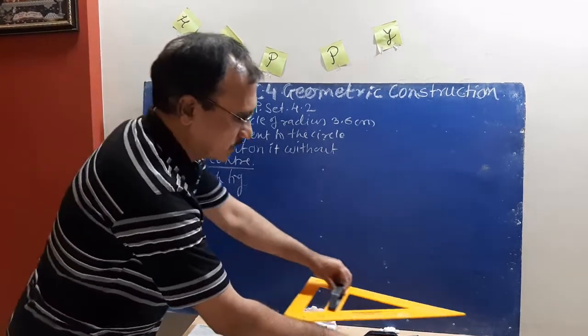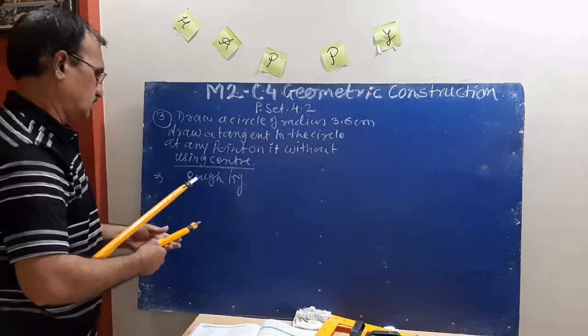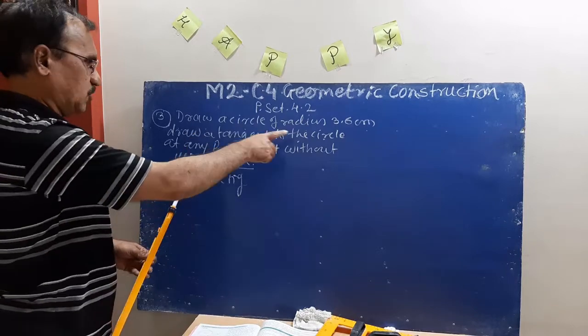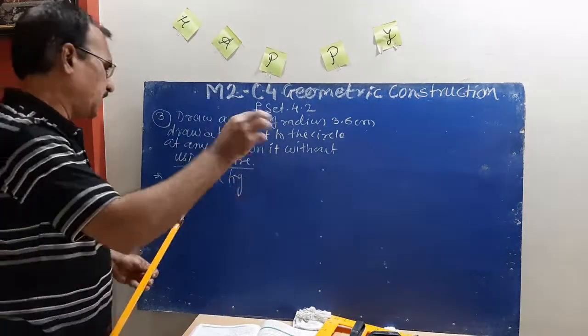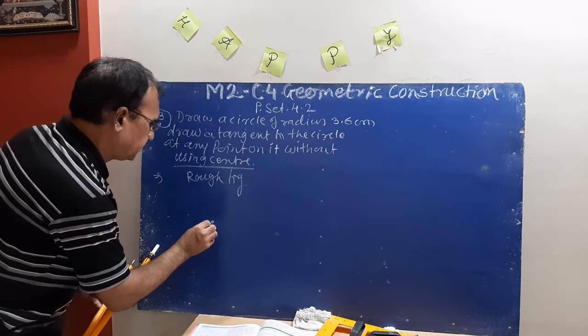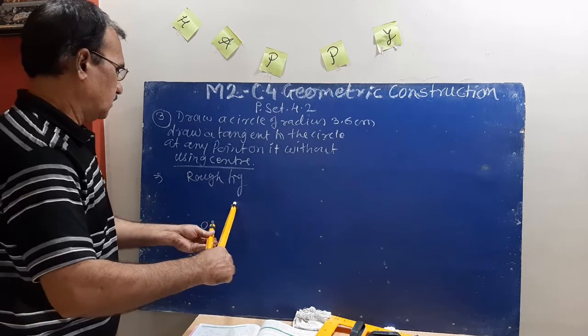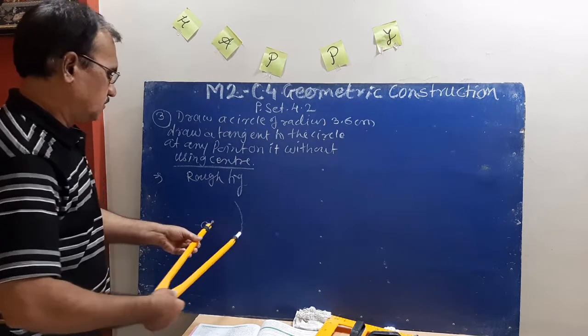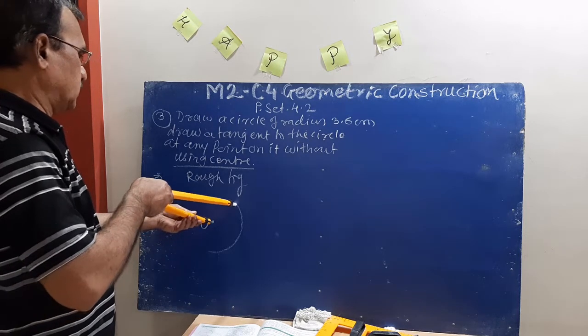First, draw the circle. The name of the center is not given, and which point on the circle is also not given. Take any point. Take O as the center of the circle.